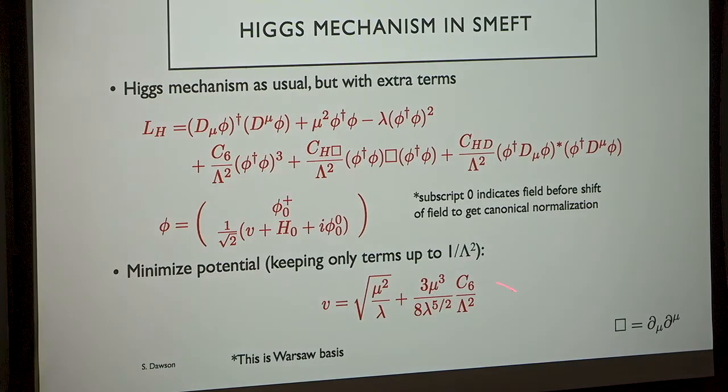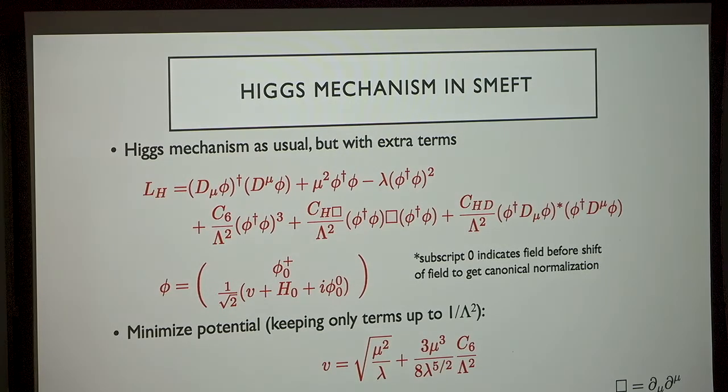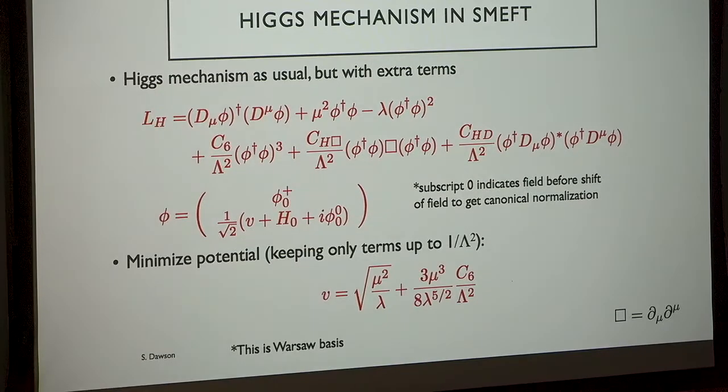And then there's a correction from the C_6 term, this guy here. So the VEV in the standard model effective field theory is not the same as the VEV in the standard model. It's got this extra piece. And this is a general feature of the standard model effective field theory. The relationships between the parameters of the theory are different in the SMEFT and in the standard model. So here we have this extra piece contributing to v.